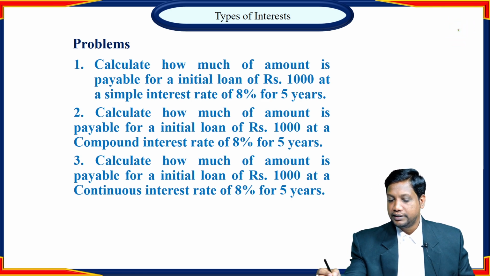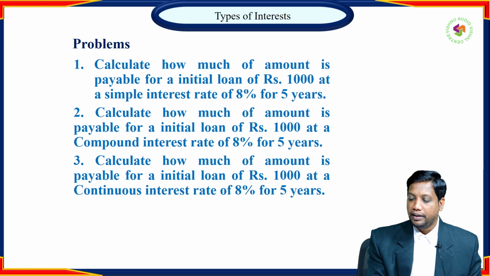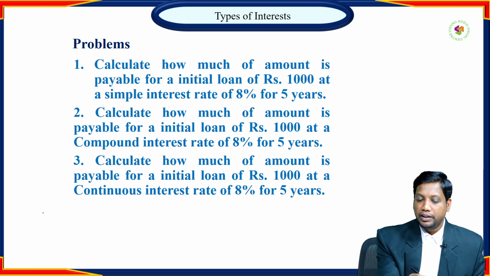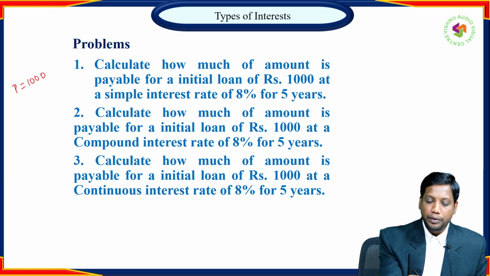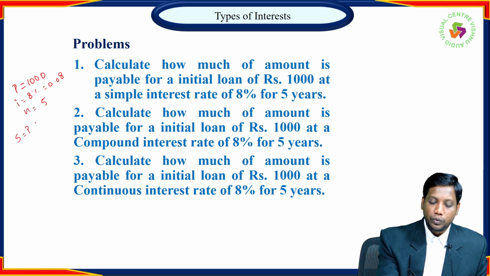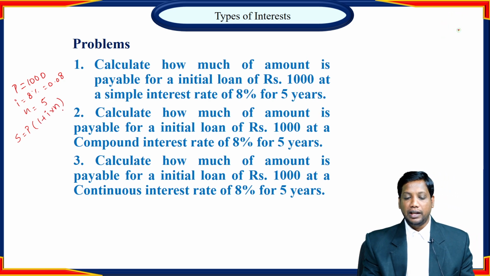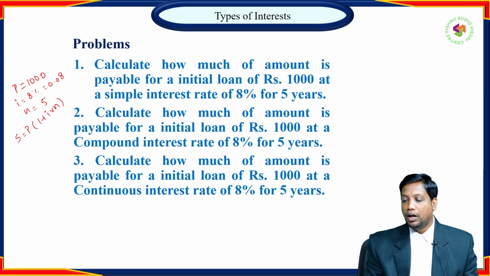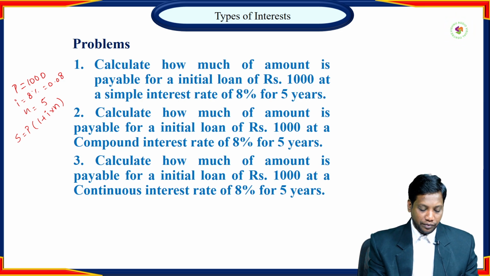The principal amount is 1000 rupees, the interest rate is 8%, that is 0.08, and N is 5 years. We can calculate using S equals P into (1 plus I into N), the total amount accumulated after a period of 5 years.